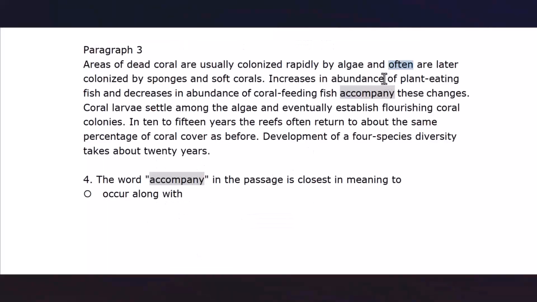Often here is an adverb of frequency. You may be familiar with a big list of adverbs of frequency like always, usually, often, frequently, rarely, seldom. However, sometimes it is unclear when we should use them.